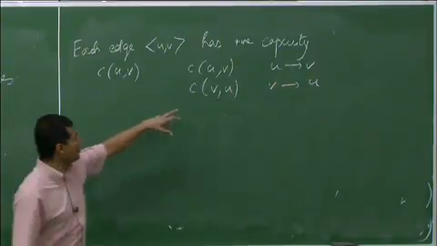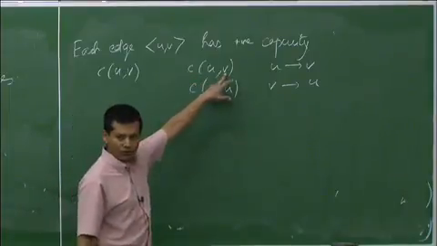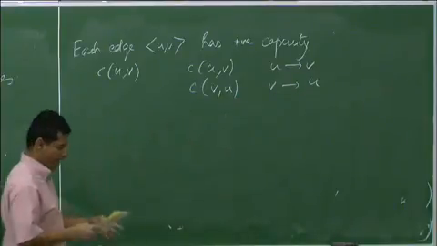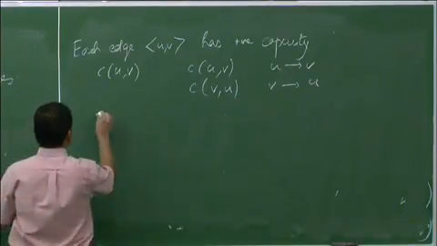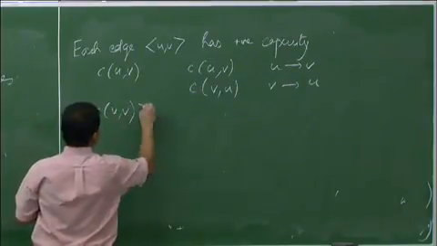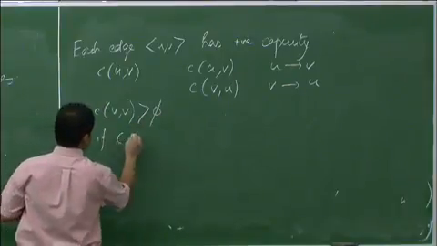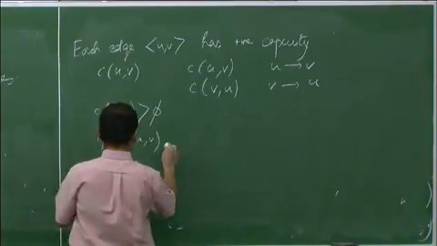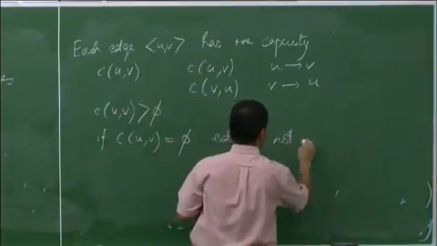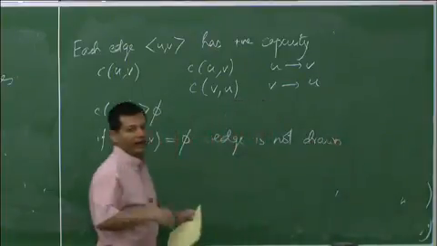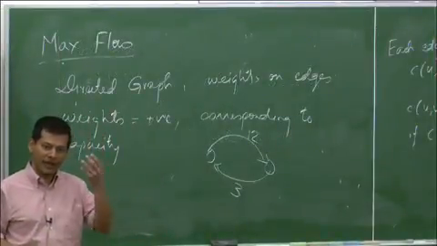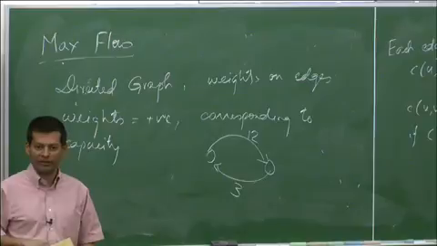So, capacity is essentially going to be put on the link, and so when I say C of U to V, I mean U to V. When I write C V U, I mean V to U. A lot of what we do is just going to be conceptual in the first place, to be able to understand these networks themselves and take the definitions and be very clear about what the definitions mean.